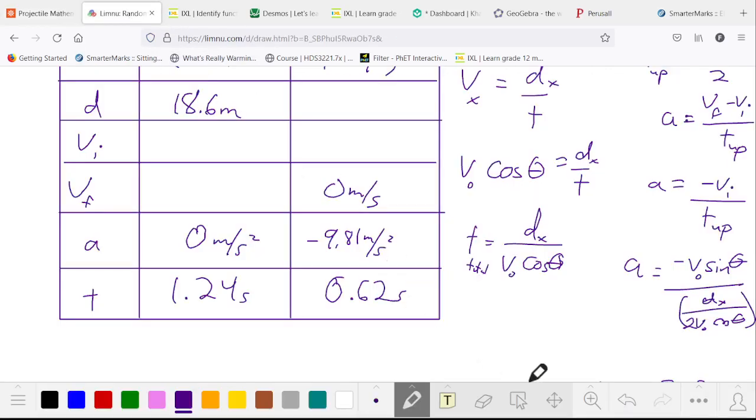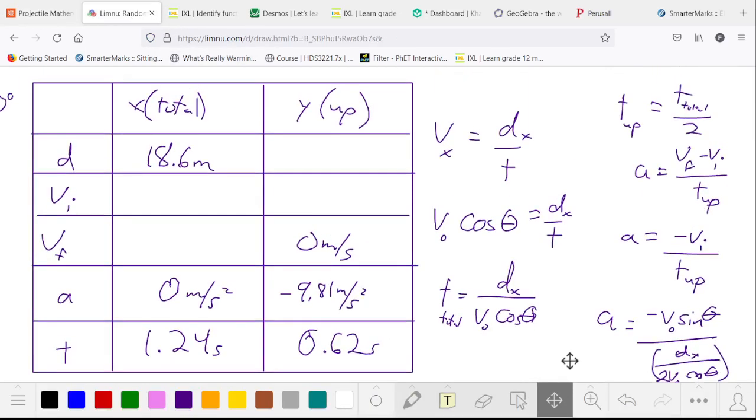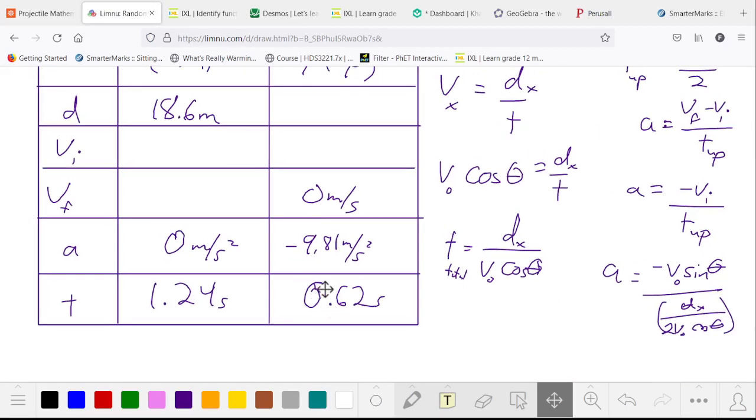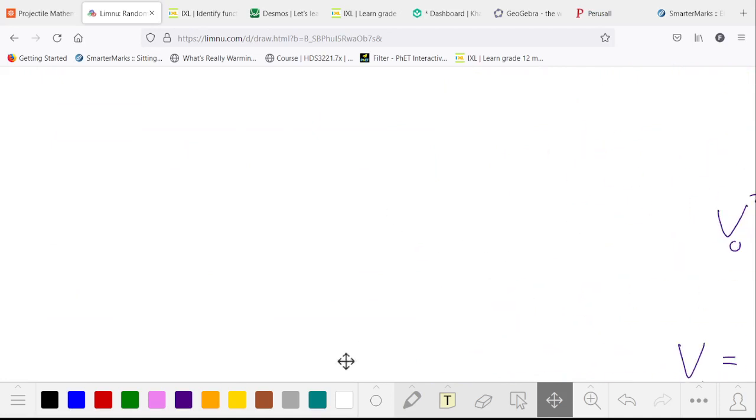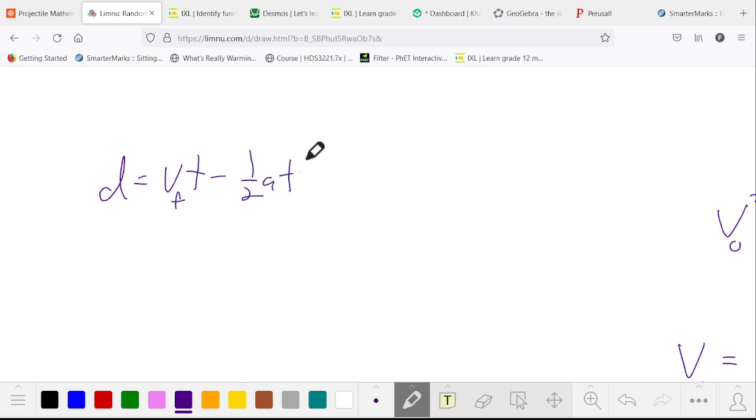The last thing we need is that vertical time of flight. But now we have the time, we have the acceleration, we have the final velocity. So that gives us d is vft minus 1/2 at squared. Again, because that final velocity is 0, that term goes away.